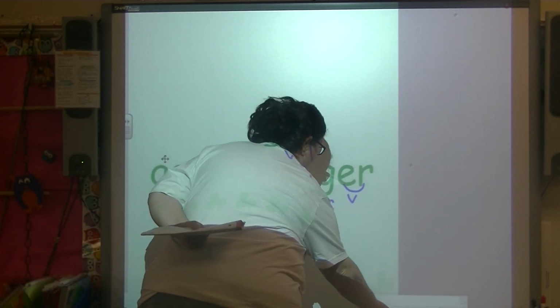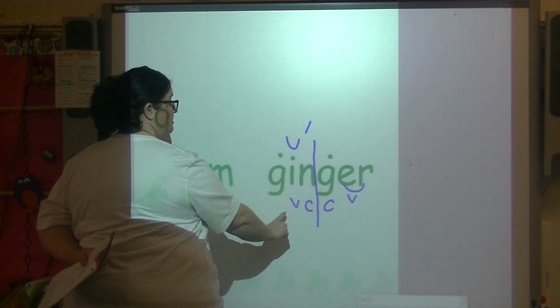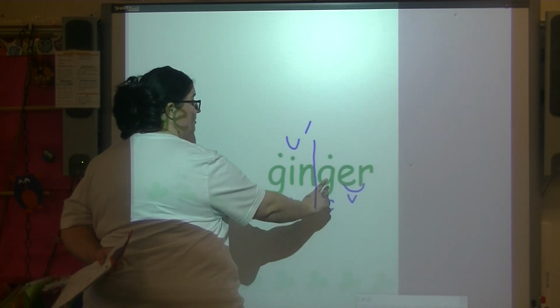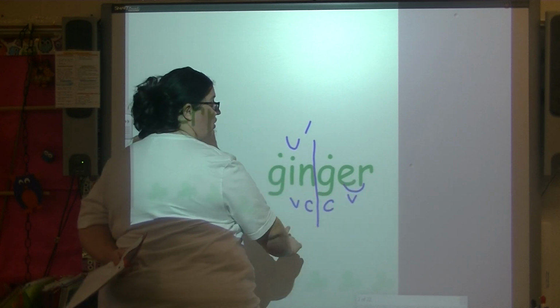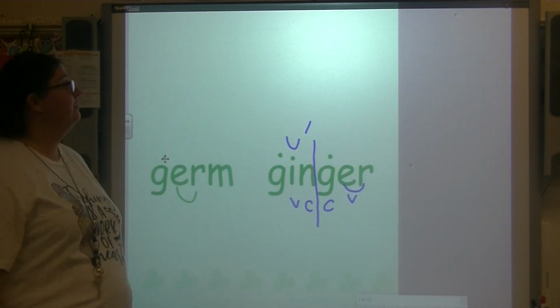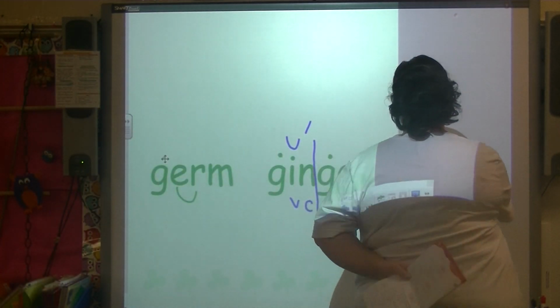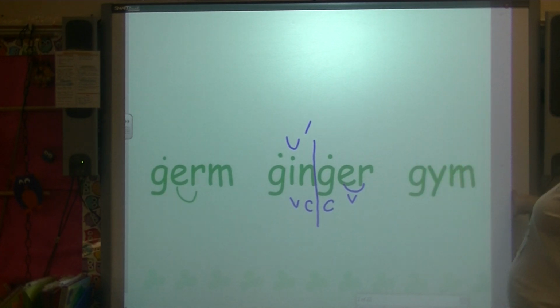So now let's sound it out. J, I, N, gin, J, gin, ger. What word? Ginger. Ginger is a seasoning or spice.